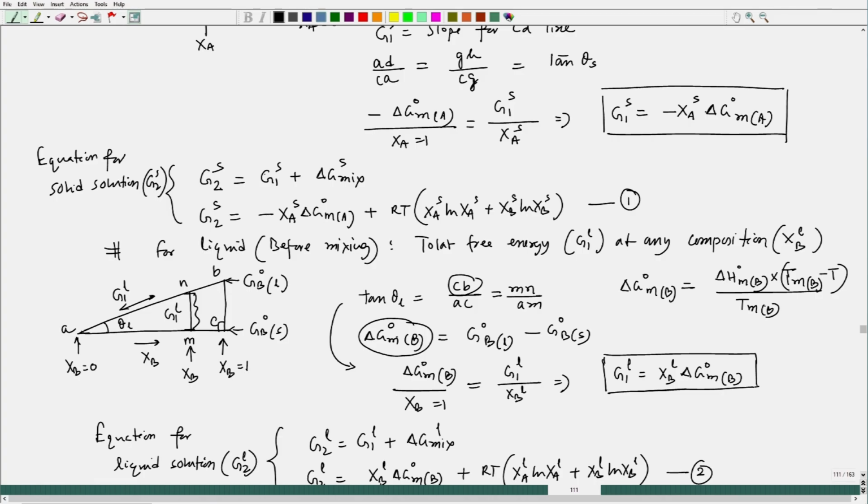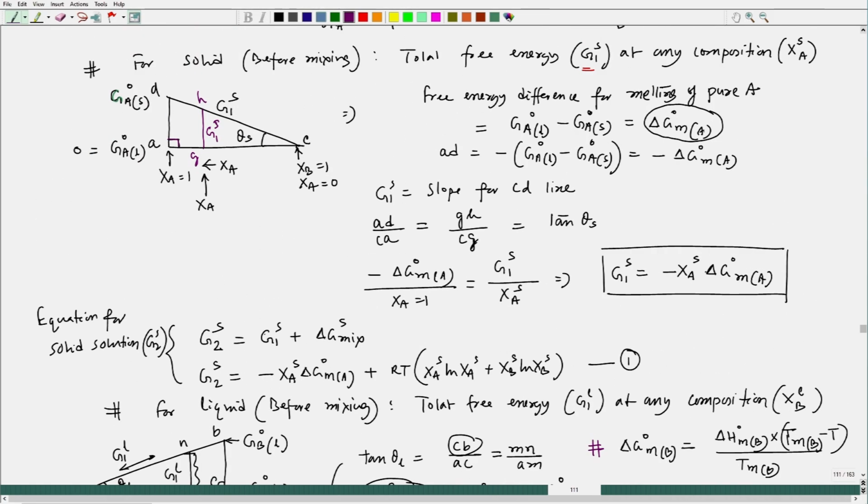Remember, if you recall, we found this equation in earlier lectures. Similarly, we will get this one: delta G naught m A would be equal to delta H naught m A into T m A minus T, divided by T m A. Okay.